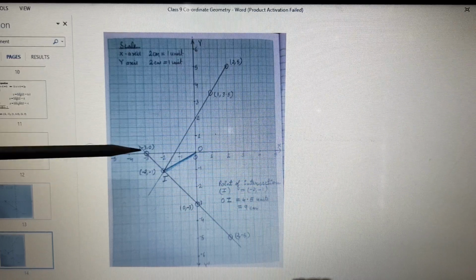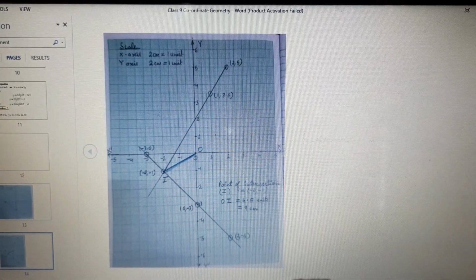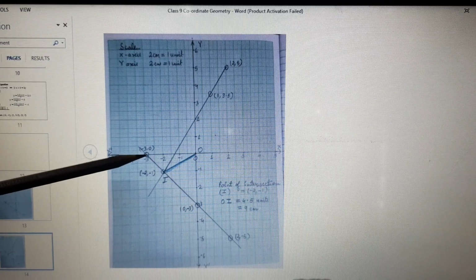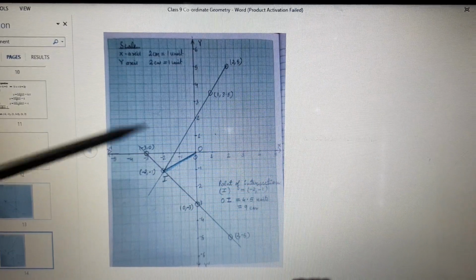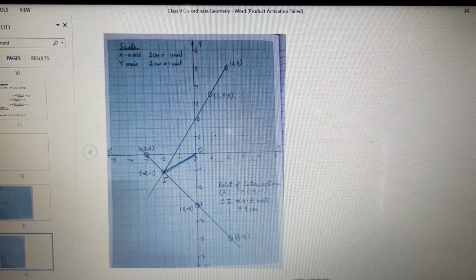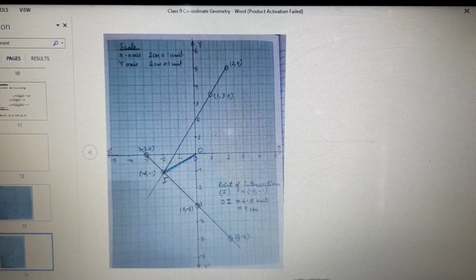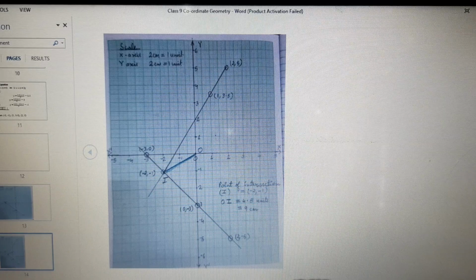Because if you plot all 6 points on the graph paper, you may have confusion whether this point belongs to the first equation or the second equation. So it is better that you plot all 3 points of equation number 1 on the graph paper, join them with the scale, and then plot all 3 points of the second equation and join them through a scale.